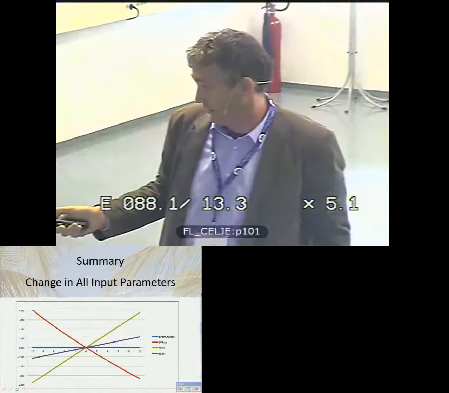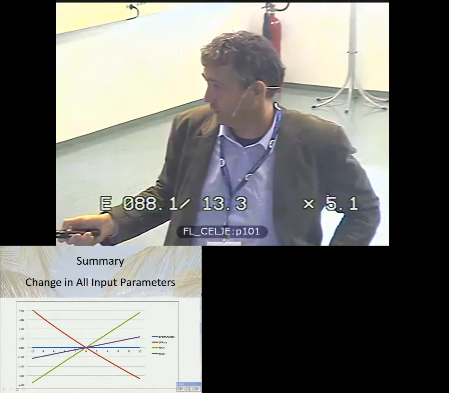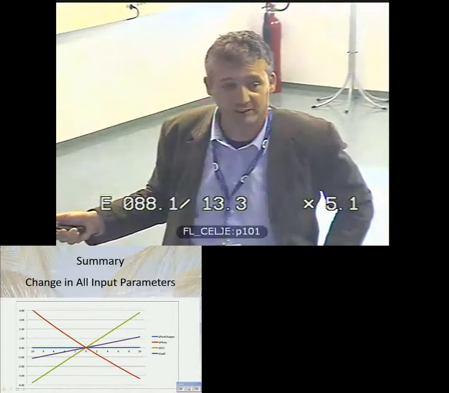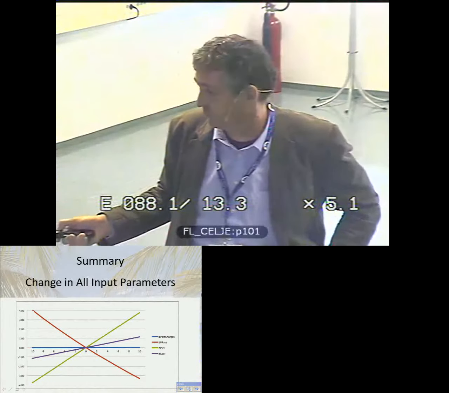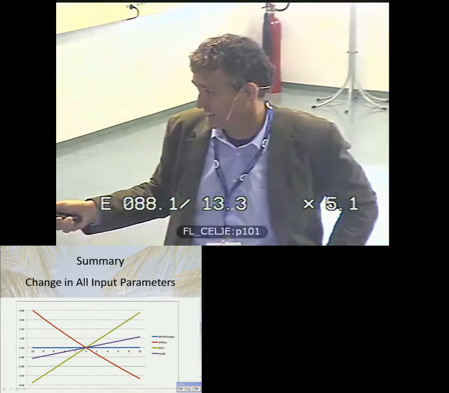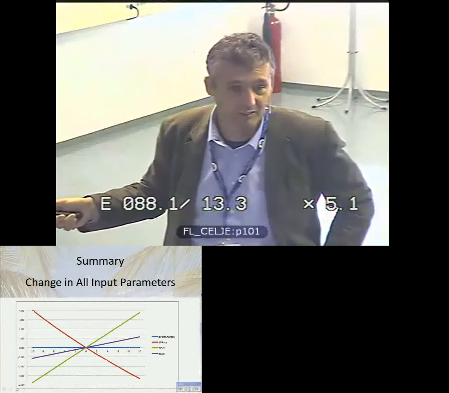So if this is the initial solution, and we make this parameter, the cost of inland transport, bigger by 10%, then the overall solution is 3.8% higher. That means worse.